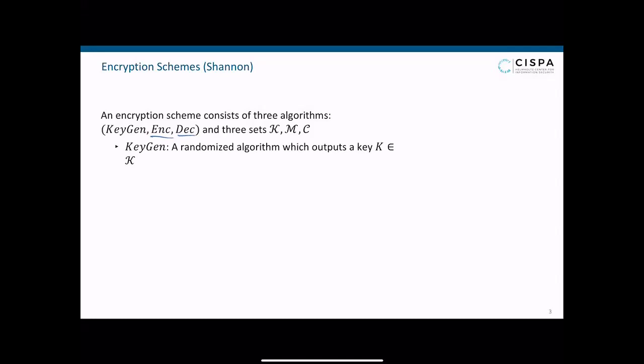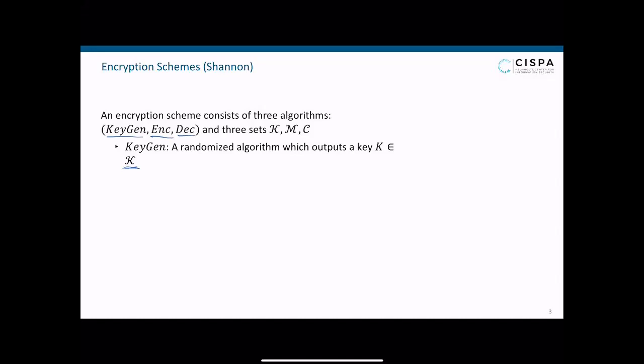There's also this keygen algorithm, which is a randomized algorithm which just produces a key K. Randomized algorithm means it takes as auxiliary input uniformly random coins. So this algorithm takes random coins as input and produces a key K in this set K.